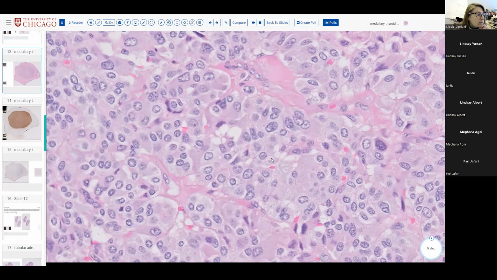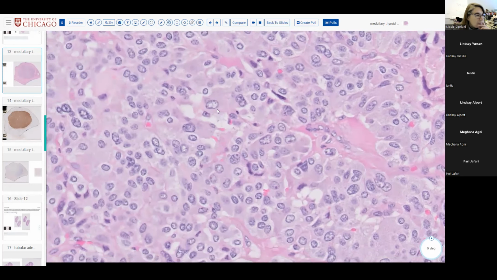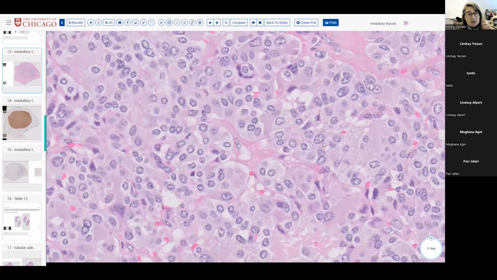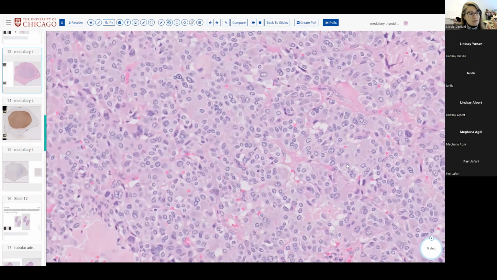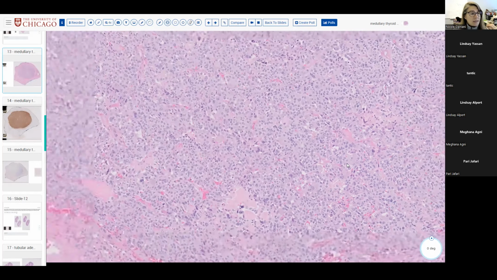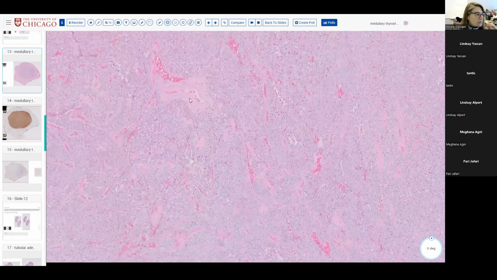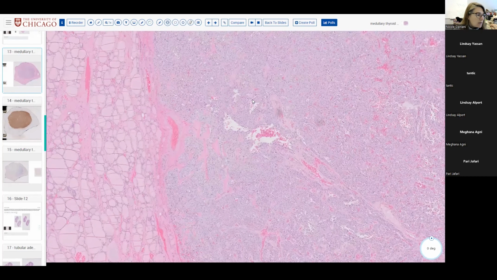And, arguably, the nuclei, although in areas they may be cleared and resemble papillary carcinoma, are quite salt and peppery, kind of speckly chromatin, which is what you'd expect in a neuroendocrine neoplasm. So the growth pattern, the cytoplasmic granularity, and the nuclear stippling should at least make you think about a diagnosis of medullary thyroid carcinoma.